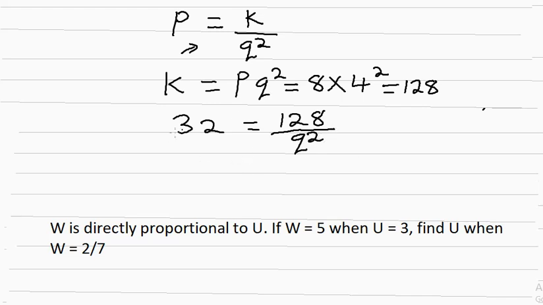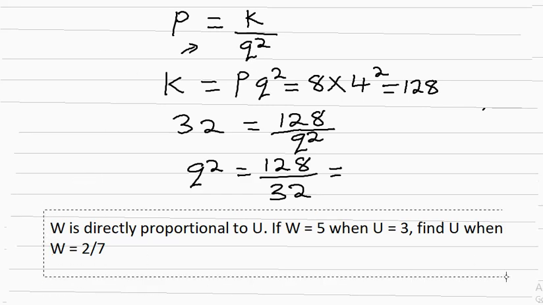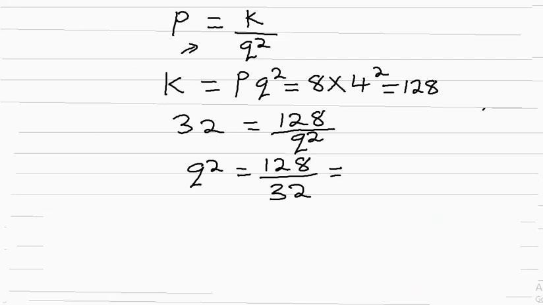So if I cross multiply and eventually make Q square the subject, Q square is going to be equal to 128 all over 32. All right, so I'll use the calculator. Work out 128 divided by 32.